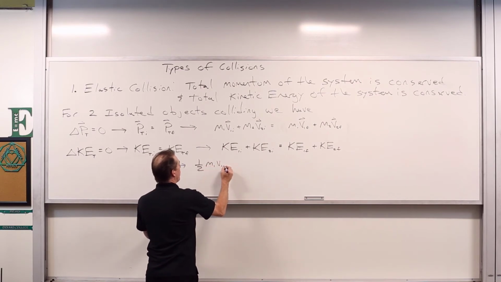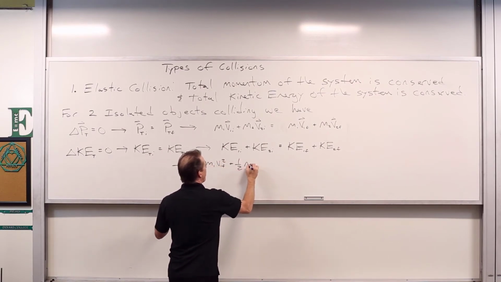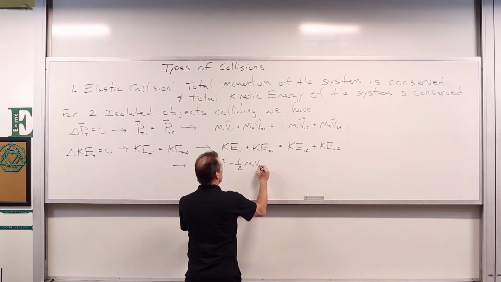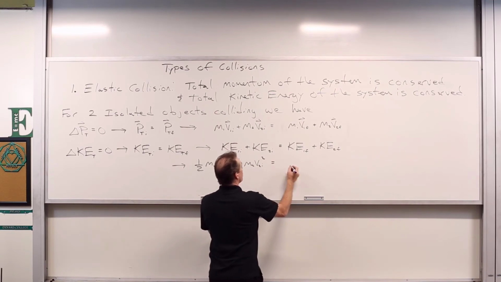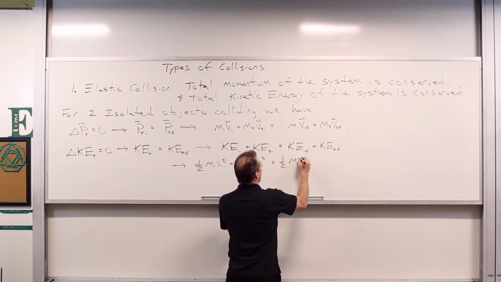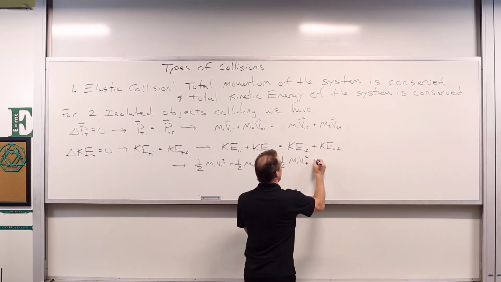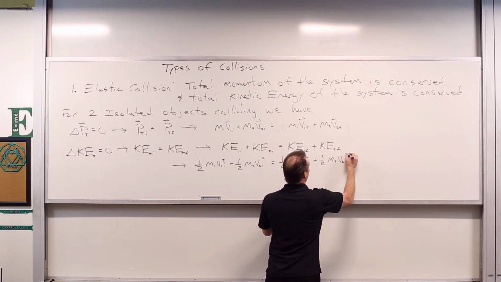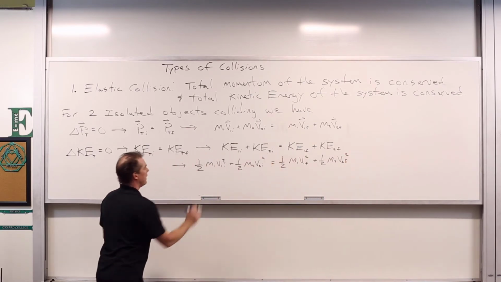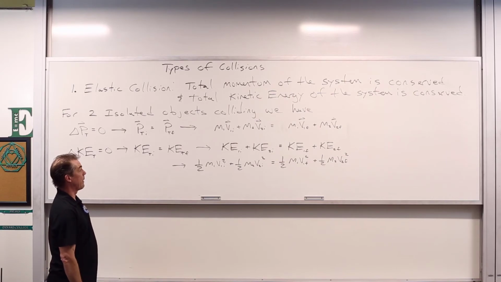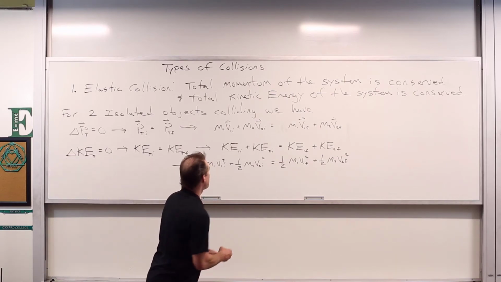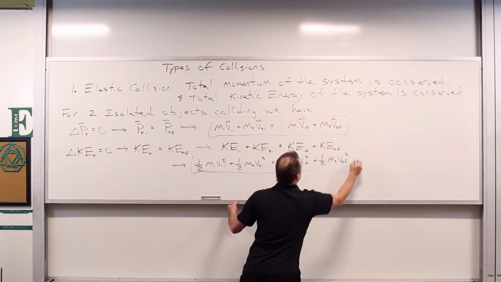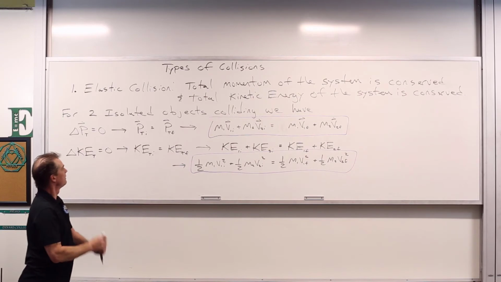We've got 1/2 M1 V1 initial squared plus 1/2 m2 v2 initial squared is equal to 1/2 m1 v1 final squared plus 1/2 m2 v2 final squared. So ultimately, when we have an elastic collision, we've got this is the case, and this is the case.